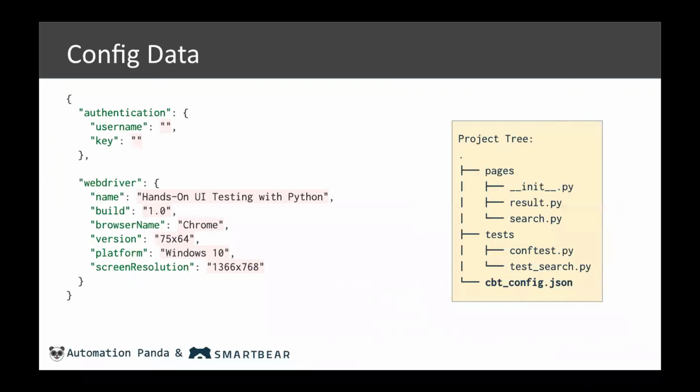All of that kind of config data, I personally like to put in config files. I'd like to separate that as a concern from my test automation code, because in theory, I should be able to run this with any cross-browser testing license or with any WebDriver capabilities. Those are things that should not and really should never be hard-coded into your automation code.